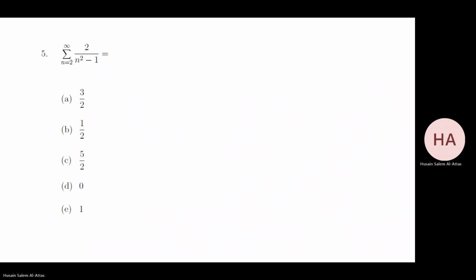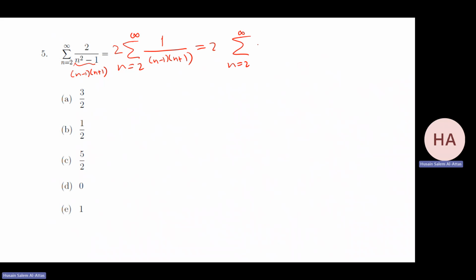Which is this one, 2 over n squared minus 1. I can rewrite it, n equals 2 to infinity, yeah, this is n minus 1 times n plus 1. I can take the 2 outside. Let me do it in steps: 1 over n minus 1, n plus 1. That will be 2 summation from 2 to infinity of A over n minus 1 plus B over n plus 1. That's how we deal with this one. The 2, just multiply at the end.